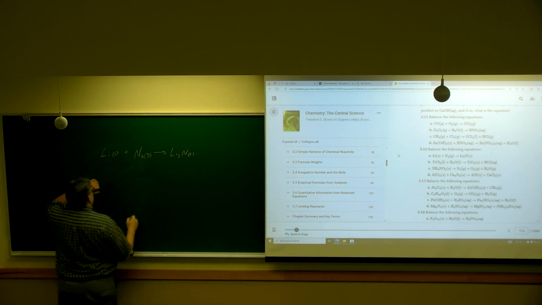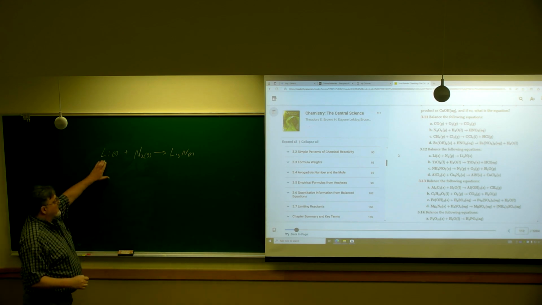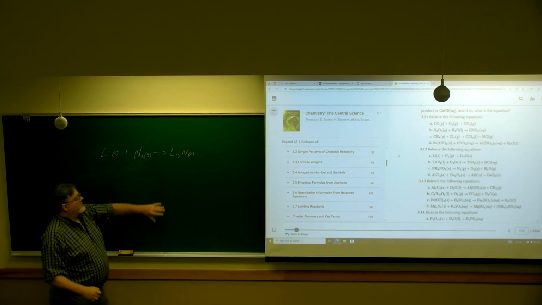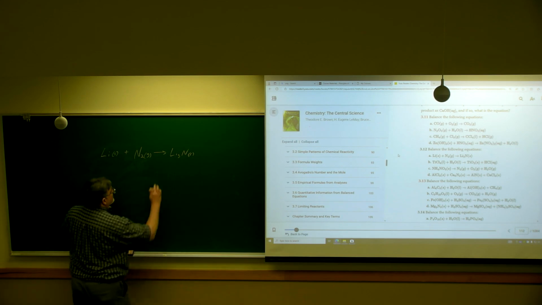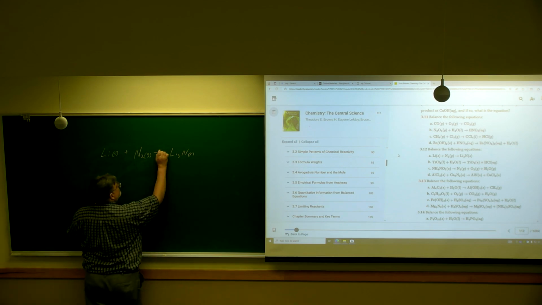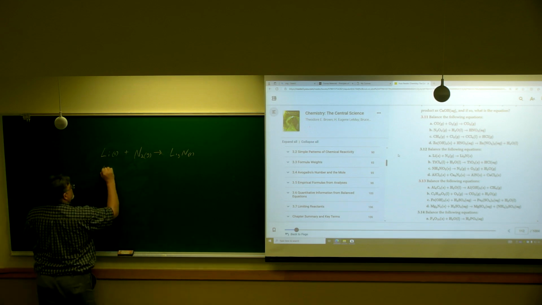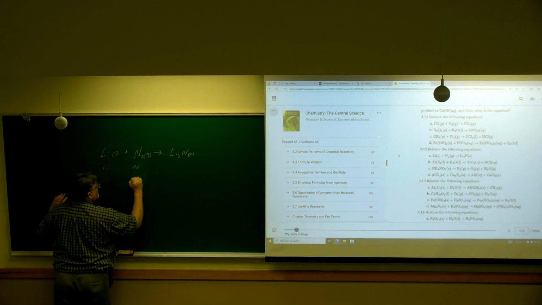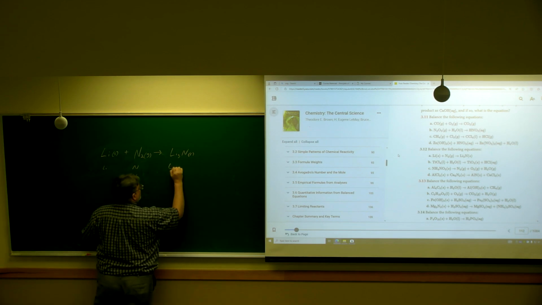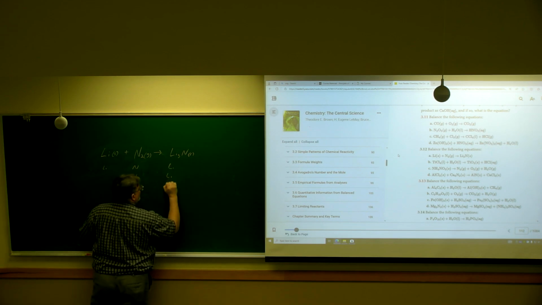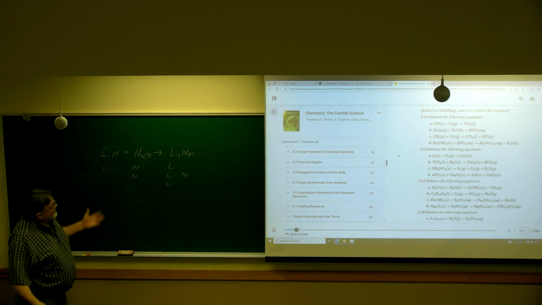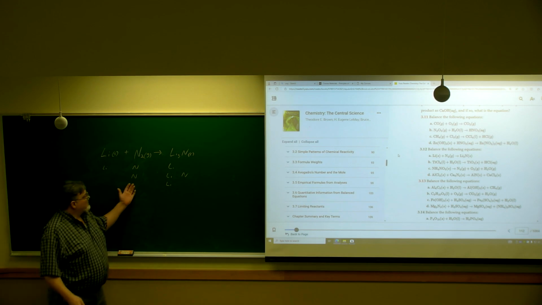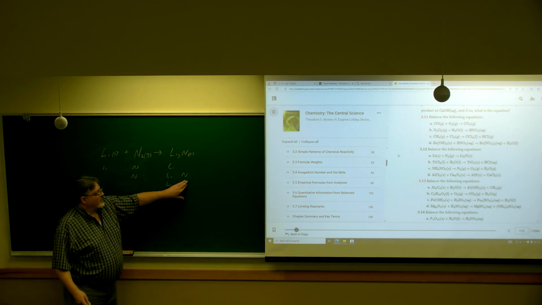The whole point here is this is showing one lithium and two nitrogens, but over here you have three lithiums and one nitrogen. There's Li here, there's an N and an N, and over here there's Li, Li, Li, and an N. So the problem is we started with 2 nitrogens, but we only ended up with 1 over here.